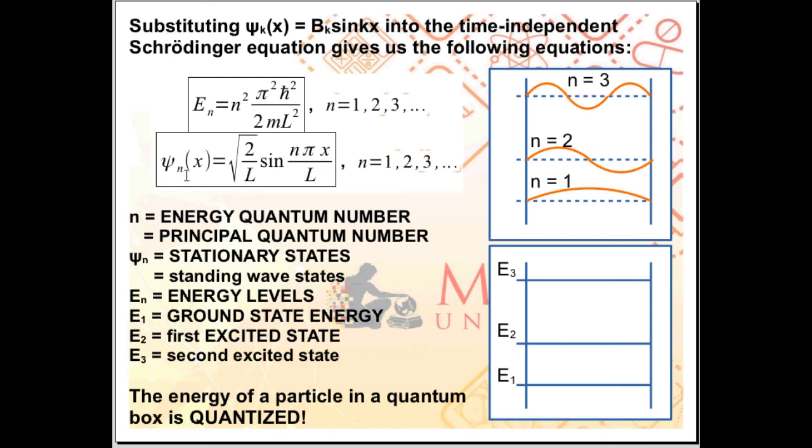Again, small psi is the wave function of our particle. And from the wave function, note we are able to calculate the probability of finding the particle.